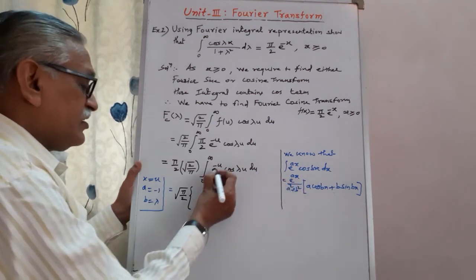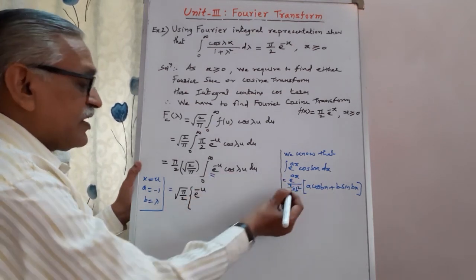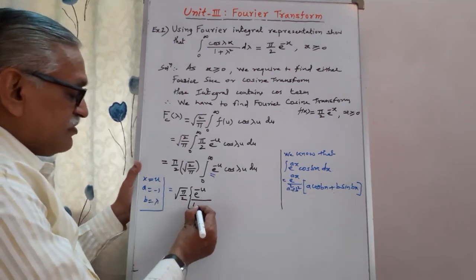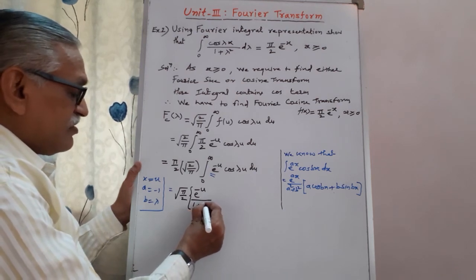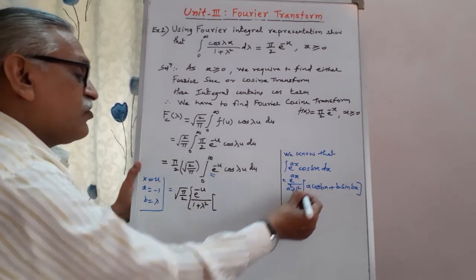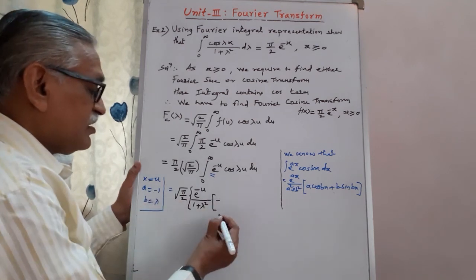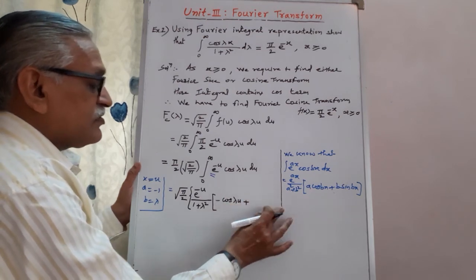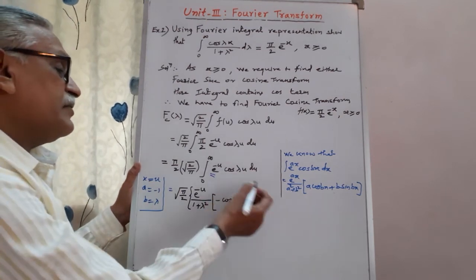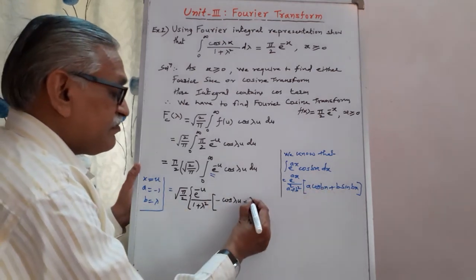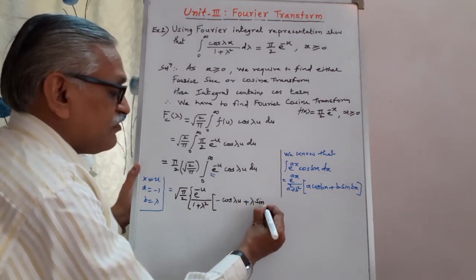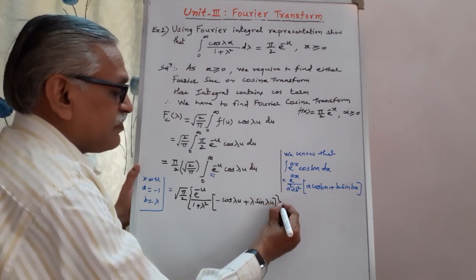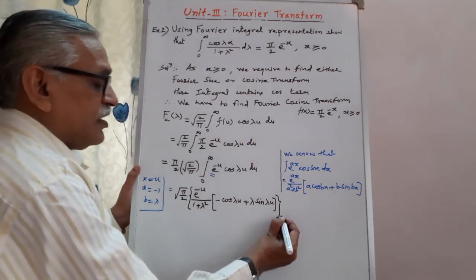First term is e raised to minus u, applying this result, divided by a square plus b square, minus 1 square is 1, plus lambda square, into a cos bx, a is minus 1, therefore minus cos of lambda u plus lambda, b is lambda, sine of lambda u, outer bracket closed, with limits from 0 to infinity.